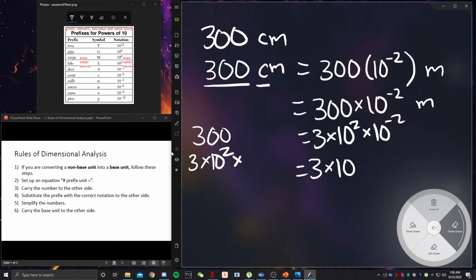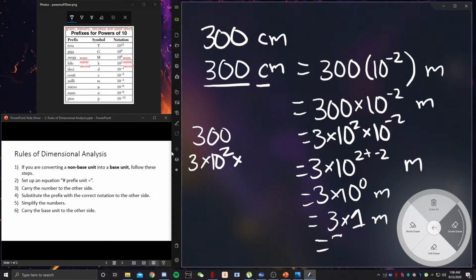That's the rule. So 10 to the 2 plus negative 2 meters. Well, what do you know? They cancel out. 3 times 10 to the 0 meters. And we know that 10 to the 0 has 0 zeros. Well, what's 10 with 0 zeros? 1. And so you get 3 meters.